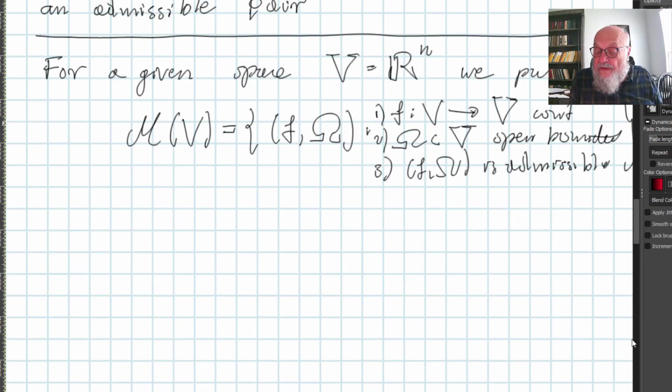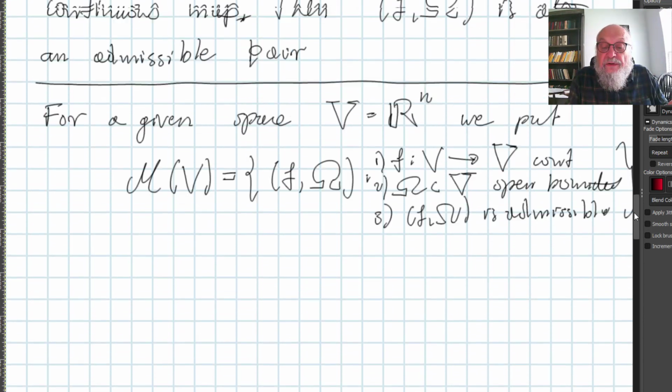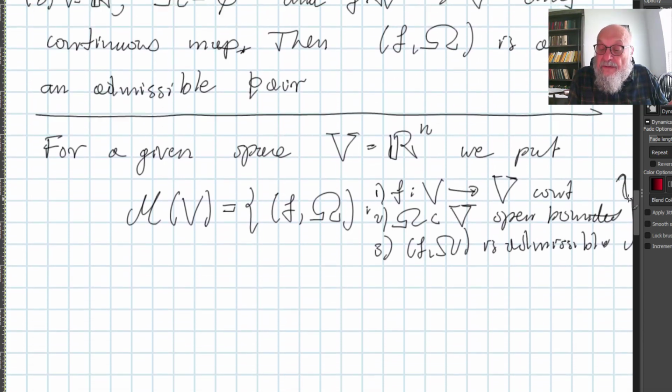So this is the set of all possible admissible pairs in V, defined for maps on V and open bounded sets in V.